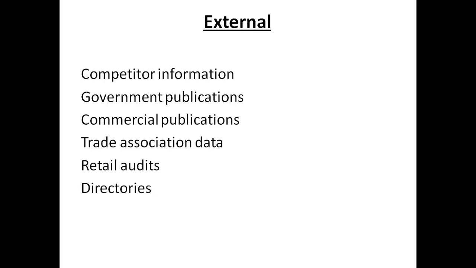Then directories like the BSNL telephone directory and Tata Yellow Pages, where you can get the company's name, address, and telephone numbers. These are important sources whenever you need contact numbers, contact details, or the address of a company. Retail audits.